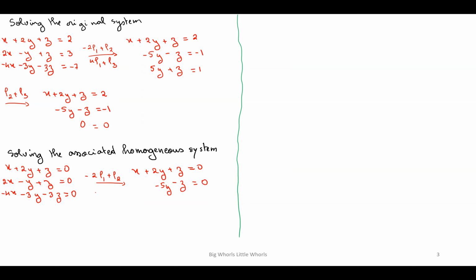Okay, and for the third row, we have 4 times row 1 plus row 3.